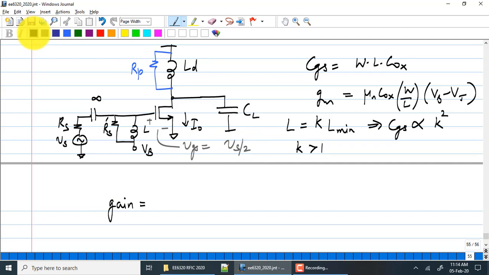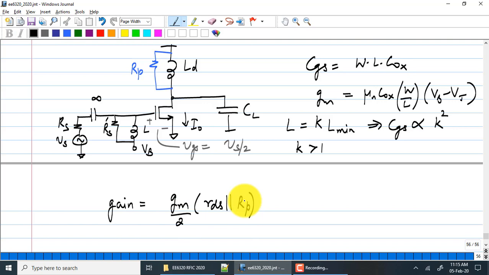The signal current is GM times Vs by 2. So for this circuit the gain is GM by 2 into RDS parallel RP.